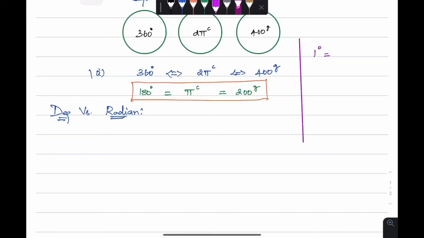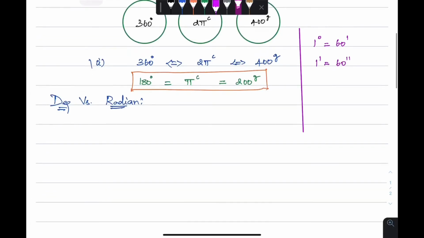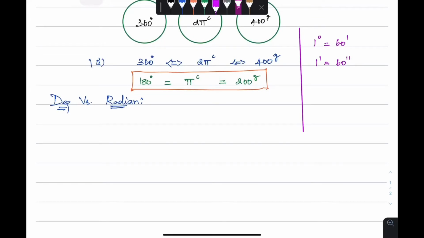So 1 degree can again be divided into 60 minutes, and 1 minute can again be divided into 60 seconds, children. Please make a note of it, because we'll need this conversion later in problems. We know that 180 degree is equal to pi radians.